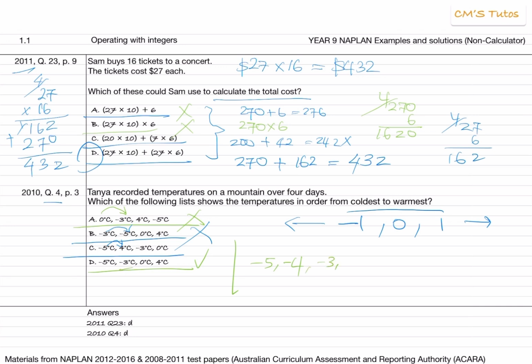There it is: minus 3, minus 2, minus 1, 0, 1, 2, 3, 4. The list goes on, and it is following our thinking. So it's D.